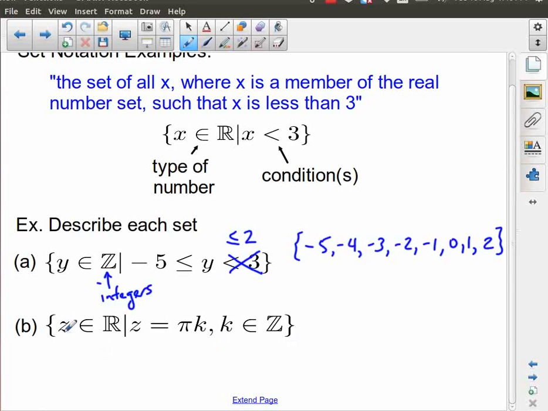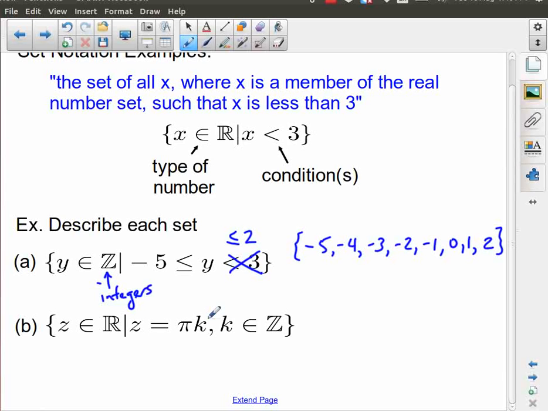I'm just defining in this case, I've got Z. Now this one is a member of the reals, such that, but you can see in here I've actually included an equation. So I'm saying that Z is a real number, but Z is defined, so this is one of the conditions, where Z is defined as pi times k. So pi is the constant 3.1415, etc.